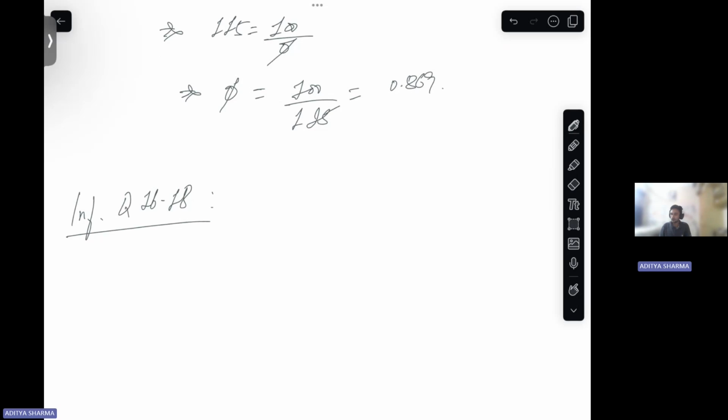So we have C8H18, right, plus O2 plus 3.76 N2.